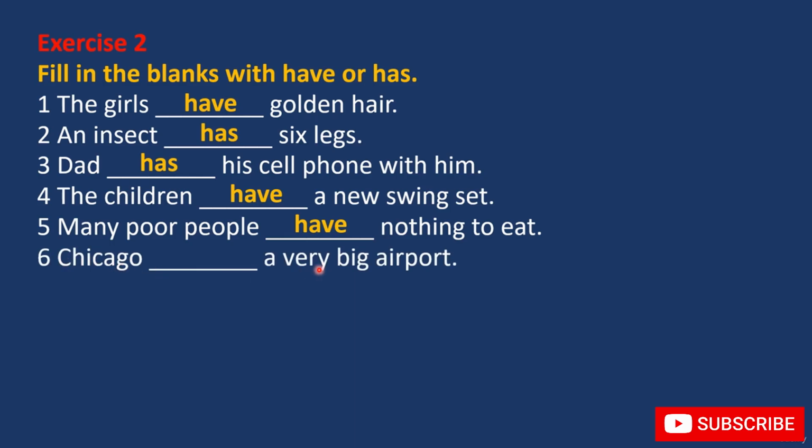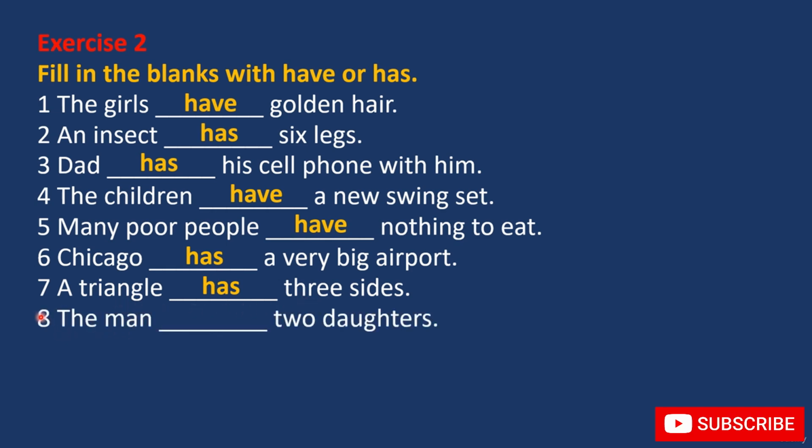Chicago, a very big airport. This is the name of a famous city and it's singular, so Chicago has a very big airport. A triangle, 3 sides. Triangle, just one triangle, or generally this is singular, so a triangle has 3 sides.